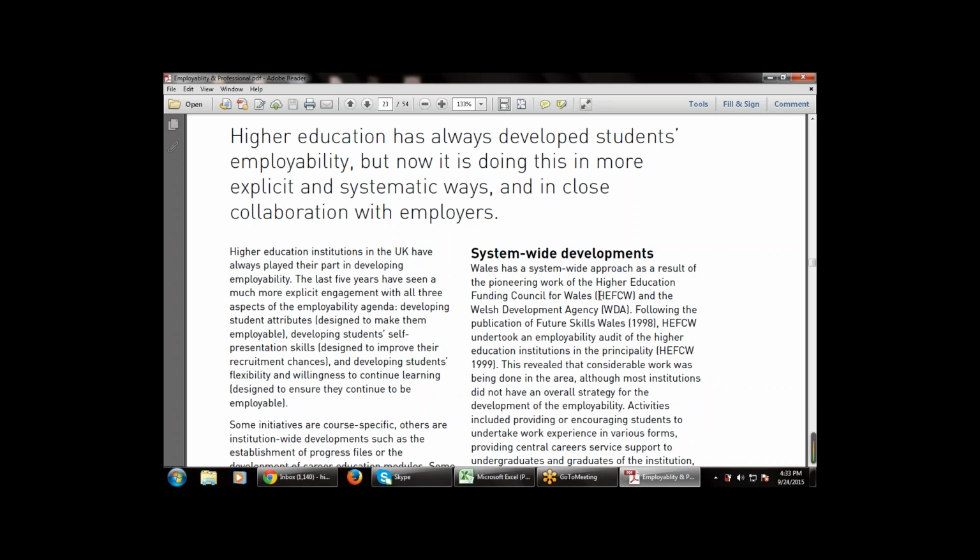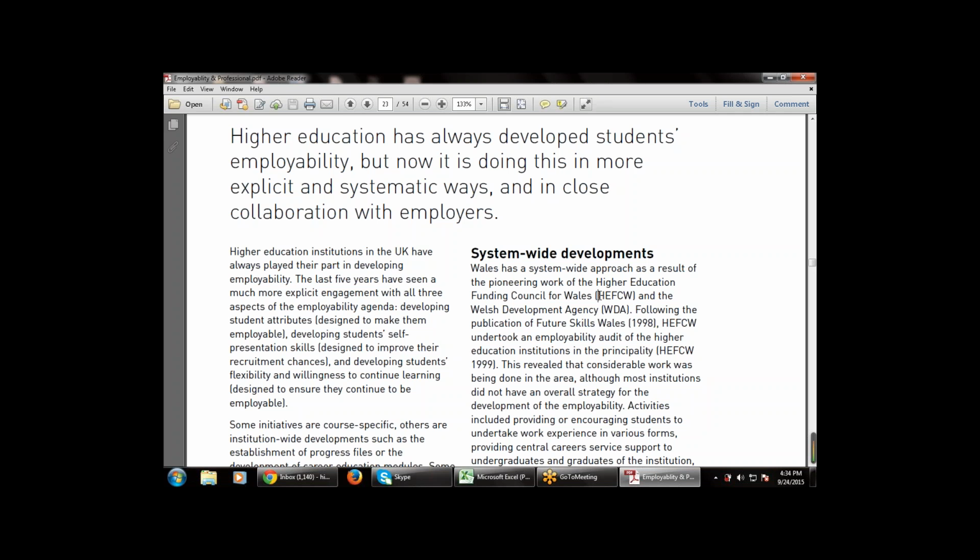Activities included encouraging students to undertake work experience in various forms, that is, doing higher education while you are working.